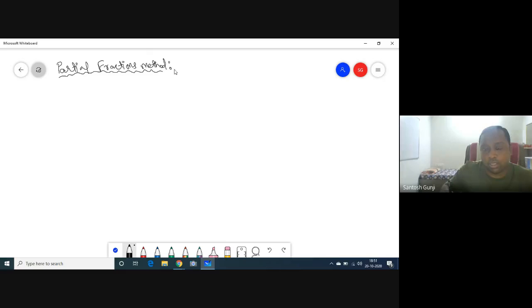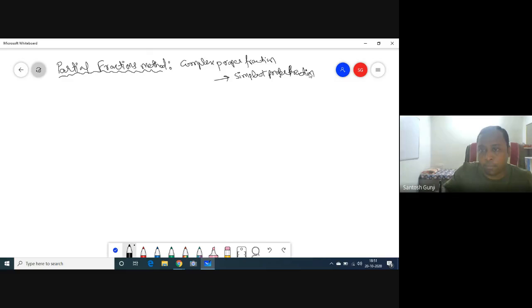Just to convert a complex proper fraction into a simplest proper fraction. The purpose of this is to convert the complex proper fraction to the simplest proper fraction.